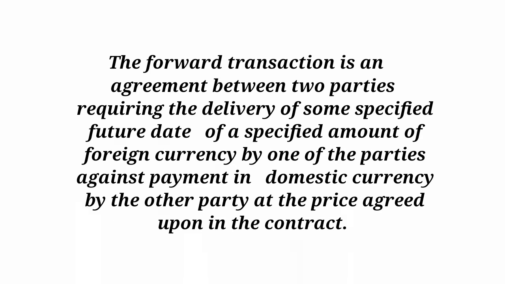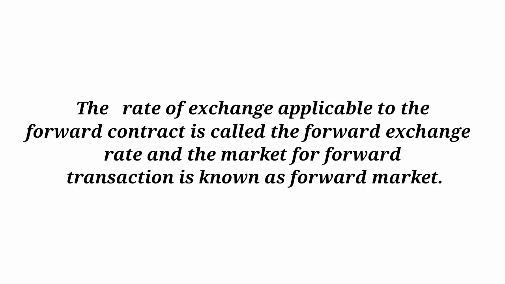The forward transaction is an agreement between two parties requiring the delivery, at some specified future date, of a specified amount of foreign currency by one of the parties against payment in domestic currency by the other party at a price agreed upon in the contract. The rate of exchange applicable to the forward contract is called the forward exchange rate, and the market for forward transactions is known as the forward market.